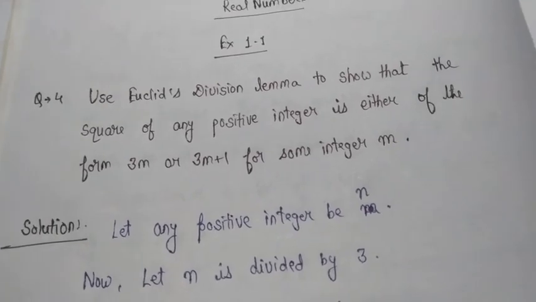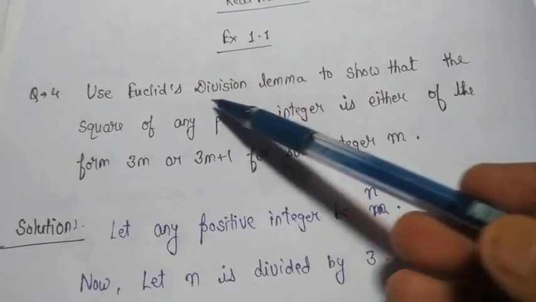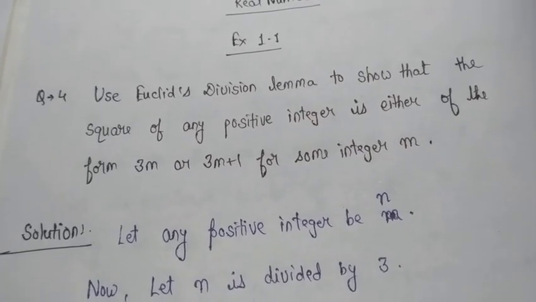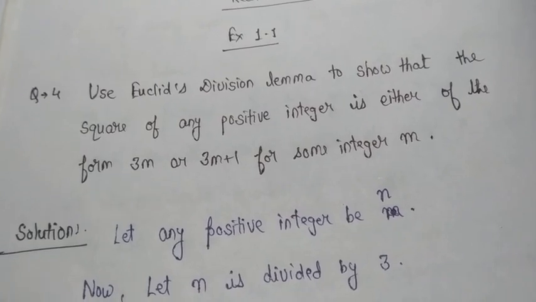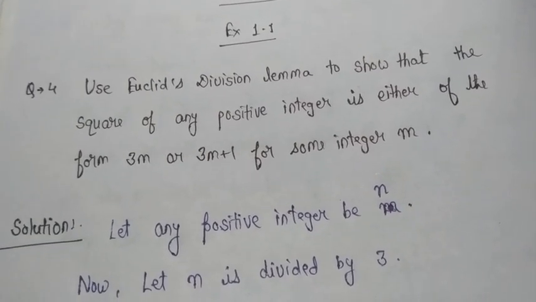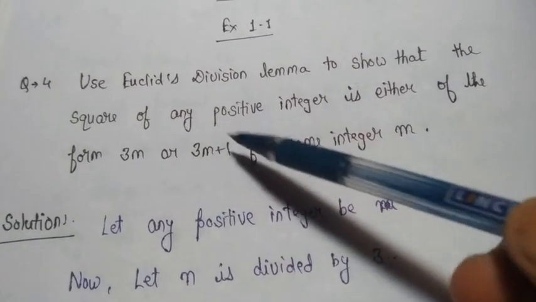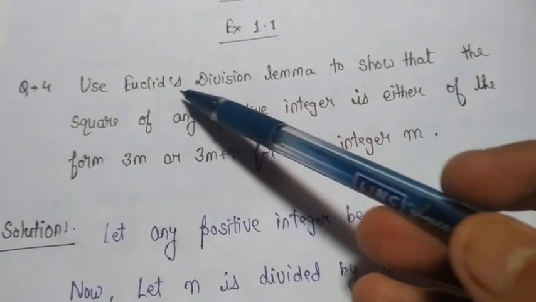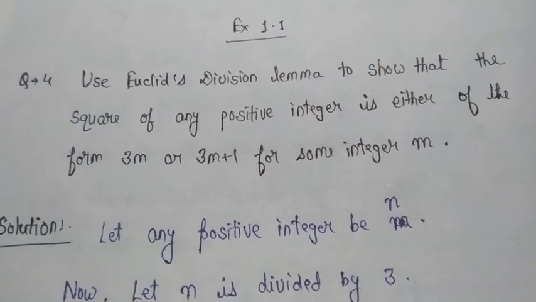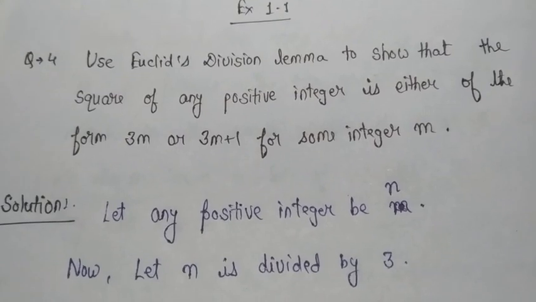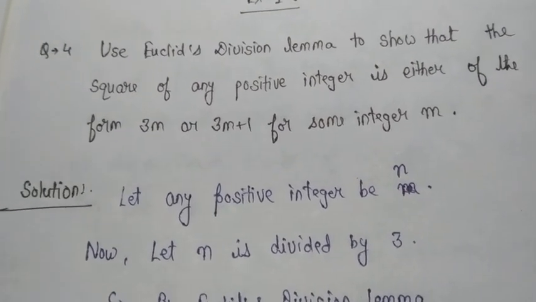See students, in this question it is written: use Euclid division lemma to show that the square of any positive integer is either of the form 3m or 3m plus 1 for some integer m. I am going to repeat the question again. Use Euclid division lemma to show that the square of any positive integer is either of the form 3m or 3m plus 1 for some integer m.